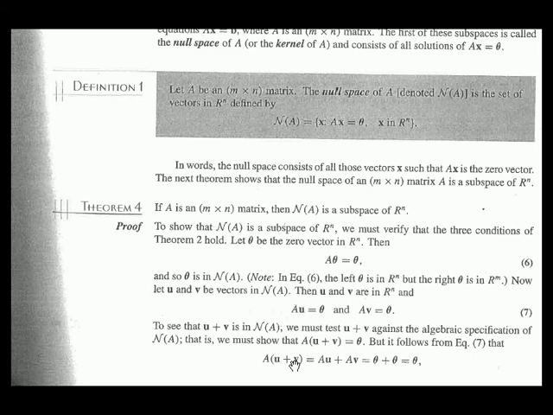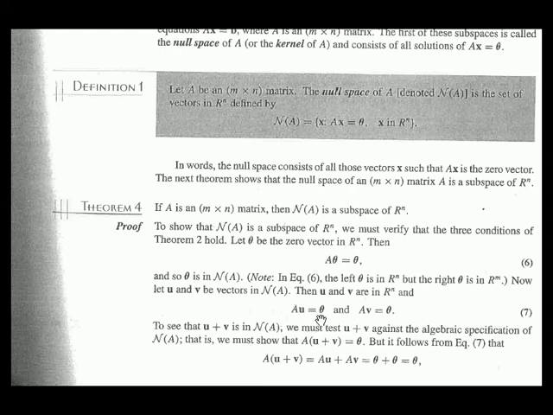You add them together, that's still in the null space because A times (u plus v) is still 0. And similarly, you multiply anything in the null space by a constant. If Au equals 0, then if u is in the null space, you multiply u by any scalar, and A times the scalar times u is still 0, because you're multiplying both sides by c.